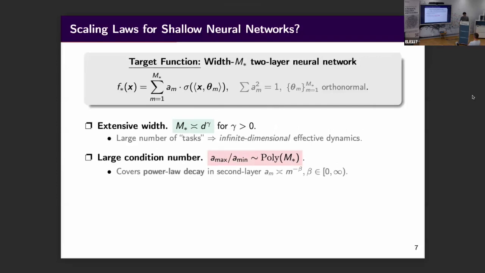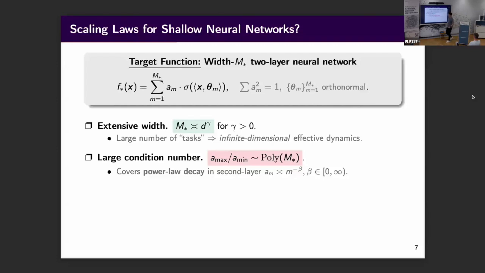To make this work, we need to assume two things about the regime we study. One is the width needs to be somewhat large, because this power law approximation comes from this Riemann sum structure. You need to be able to sum over infinitely many sharp emergent curves in order to get a smooth power law. So the width needs to be large, and we look at this extensive width regime.